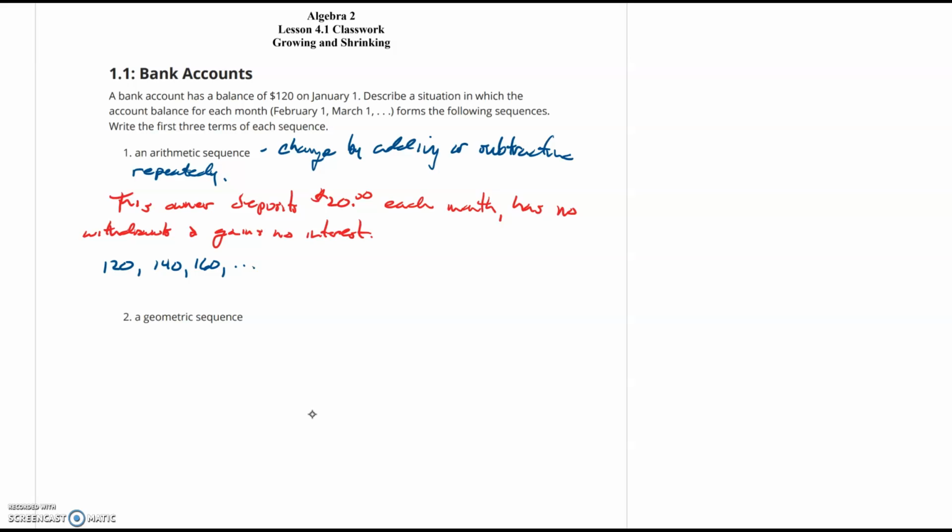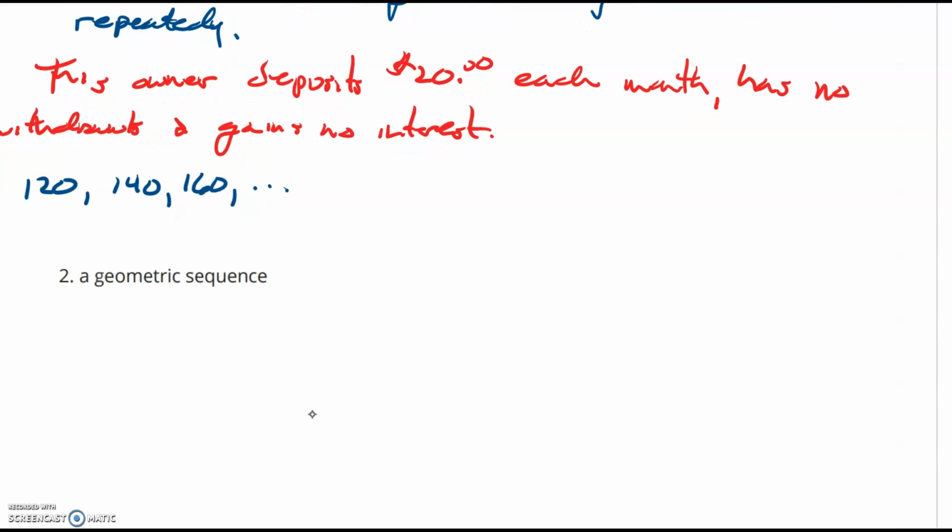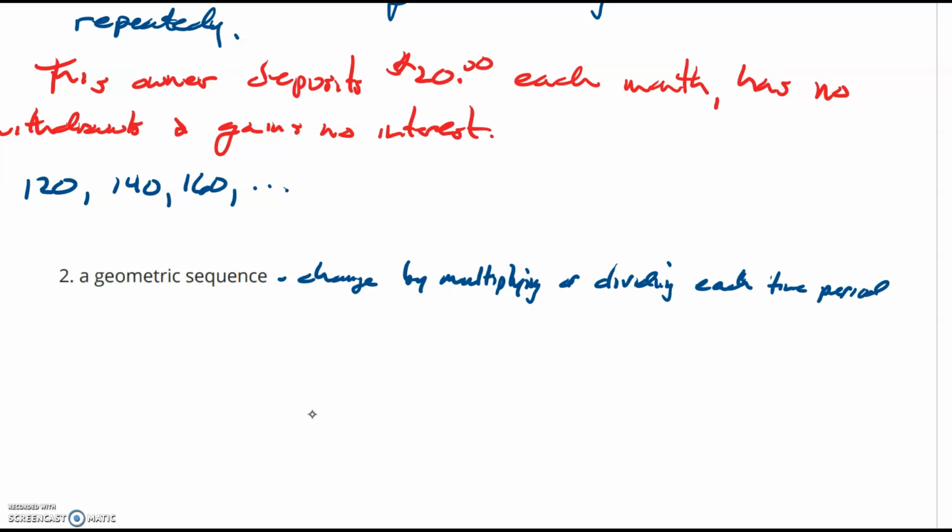So remember, geometric sequences change by multiplying or dividing each time period. So we're going to repeatedly multiply or divide.